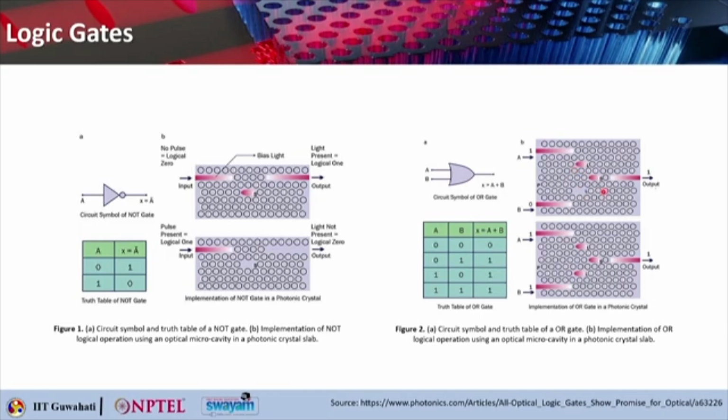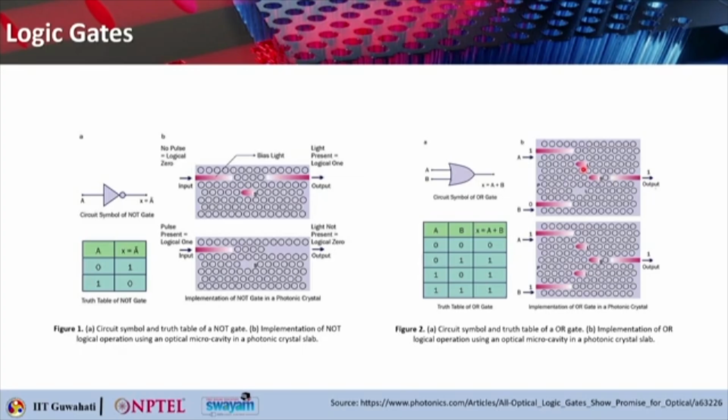The S cavity, the third cavity, coupled to the output waveguide, has its resonance wavelength set to be same as that of the biased light. So the biased light cannot travel through the L cavity, since its wavelength does not match with the resonance wavelength.